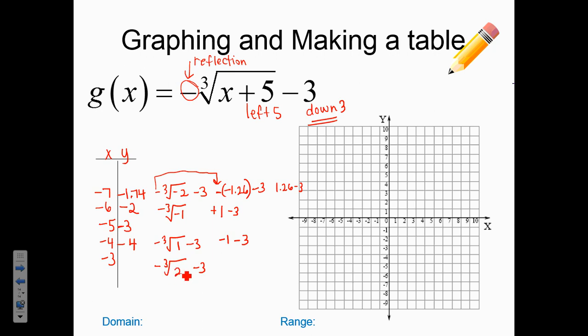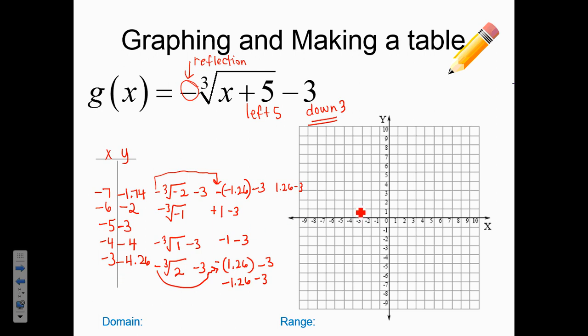The cube root of 2 is that 1.26. Bring that negative out in front again. Can never forget that if we have a negative. Negative 1.26 minus 3 would be negative 4.26.